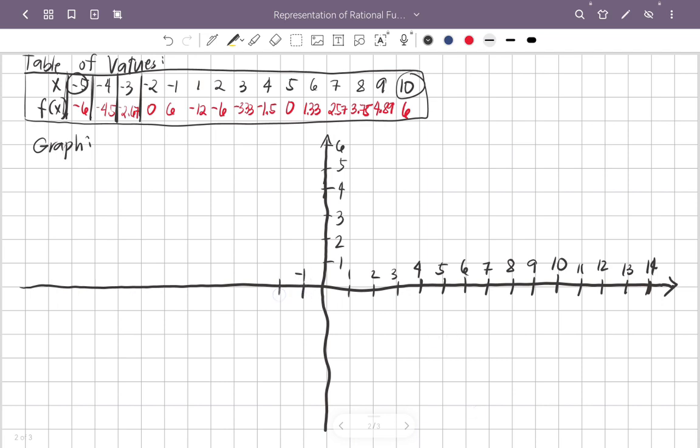Negative 1, 2, negative 3, 4, negative 1, negative 2, negative 3, until negative 12.